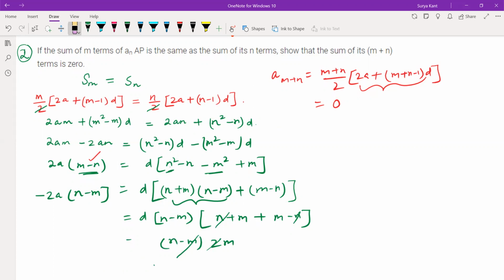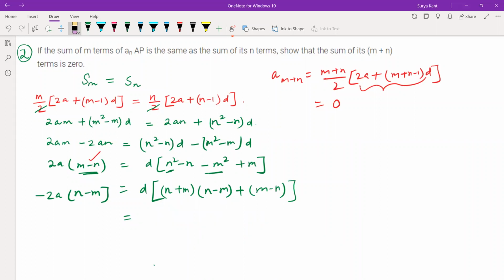Sir, somehow you have made a mistake. I don't know, but 1 minute. If we multiply d with it and open the brackets, then we'll get the simple answer. 1 minute. Here is m minus n. Here is n minus m. Here is n minus m.